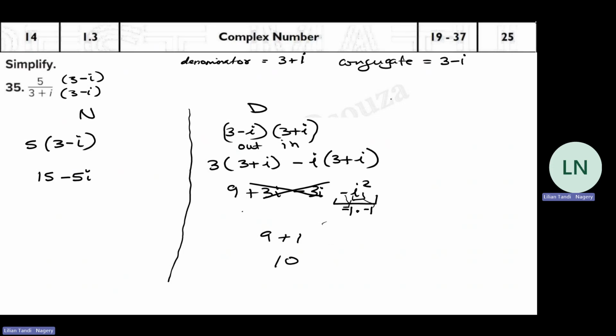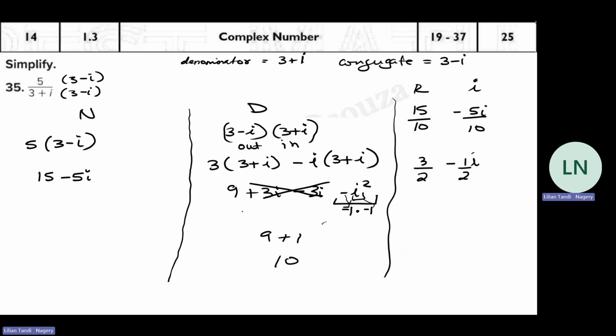Okay? So then you write your answer. You'll have 15 over 10. Remember, it is real and then imaginary. And then you'll have -5i over 10. When you simplify this, this should give you 3 over 2, and this should give you half.